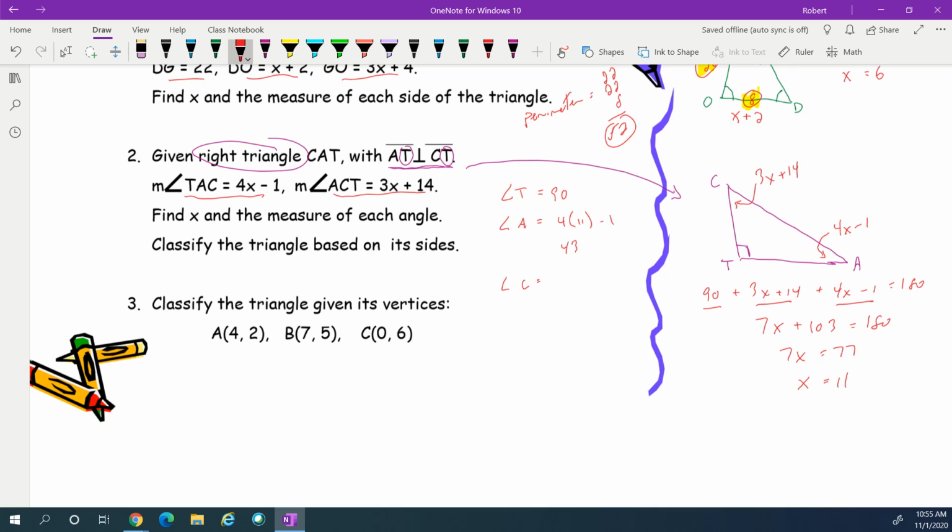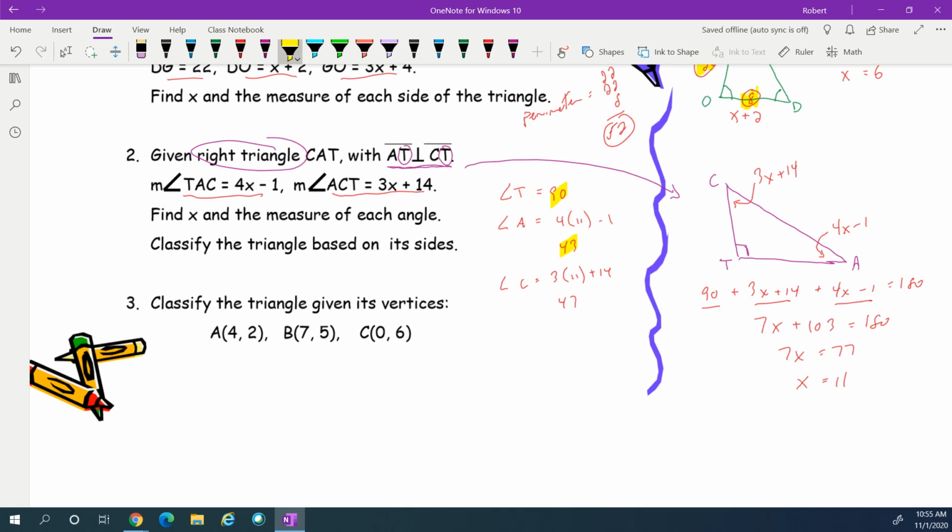Angle C. 3 times 11 plus 14 is 47. So we have our three angles, 90, 43, and 47. And they should add up to 180. They do, so we know we're good.